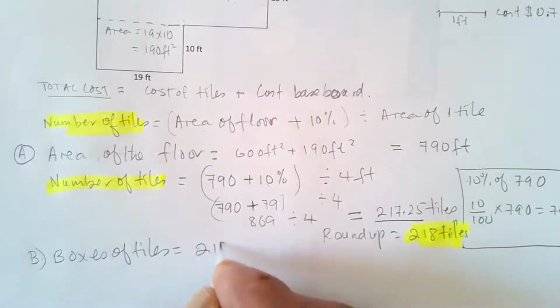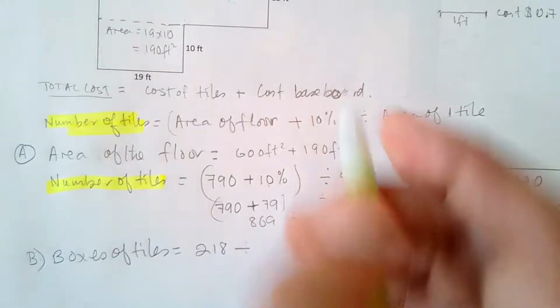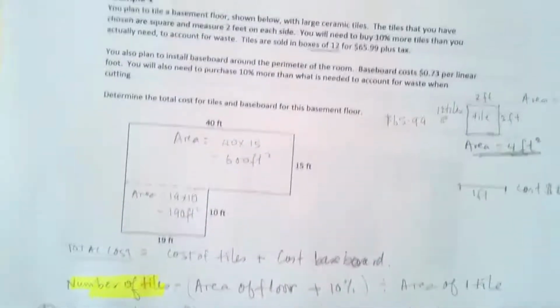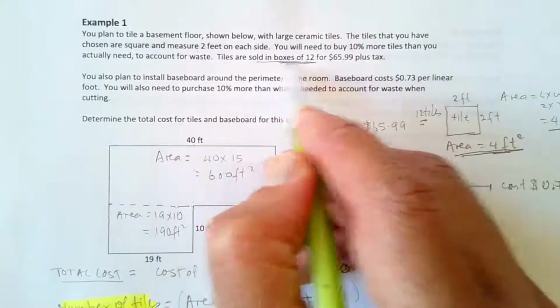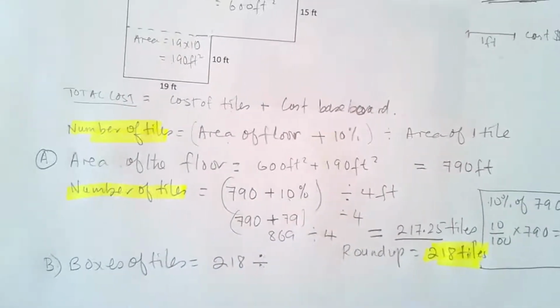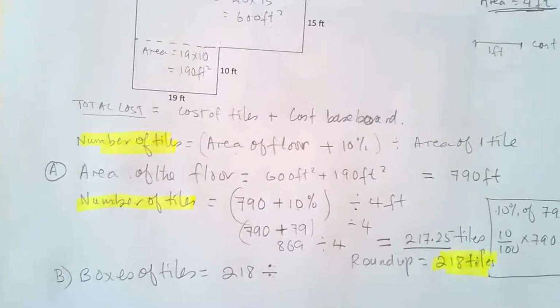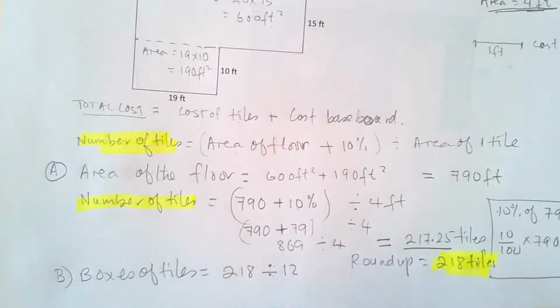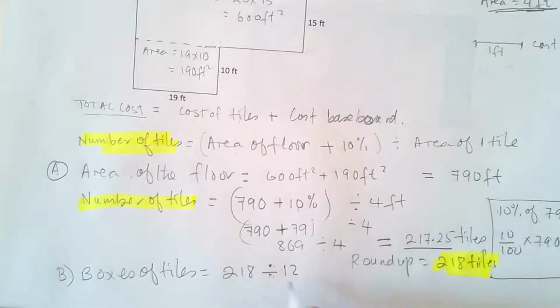So 218. And how many in each box? It says here in our question, so there are 12 in each box. So divide this by 12, which works out to be 18 point.